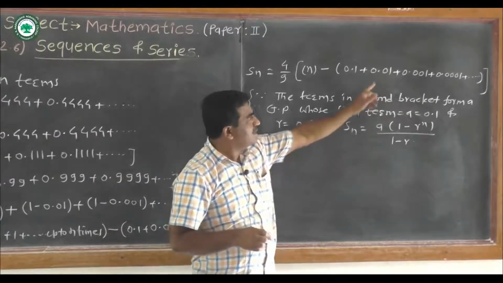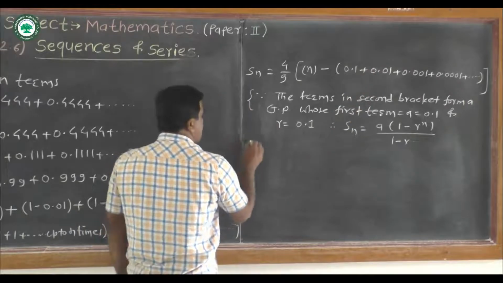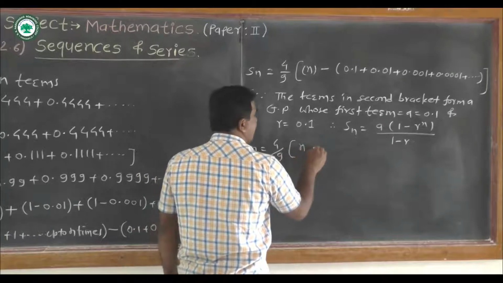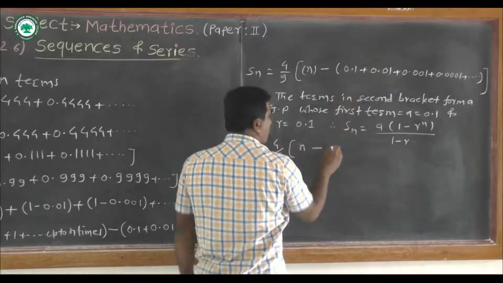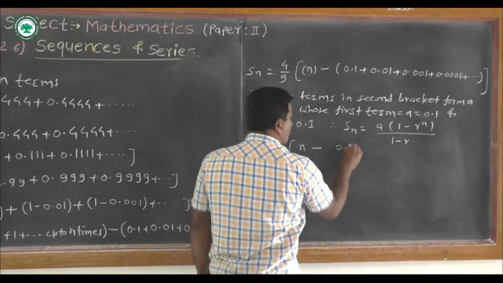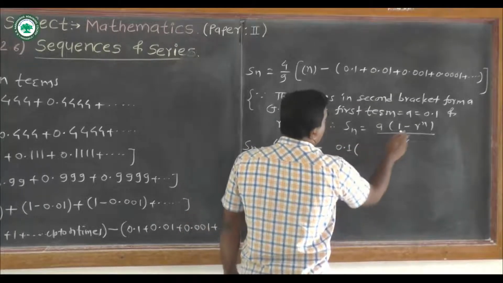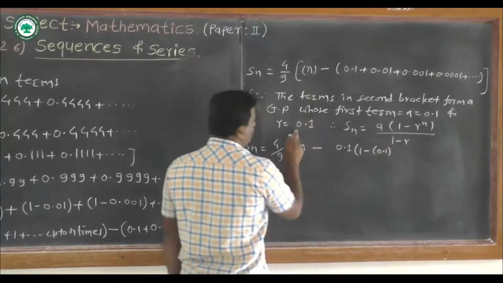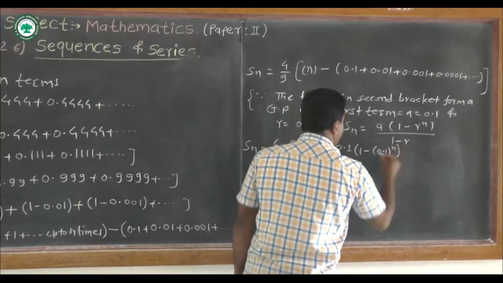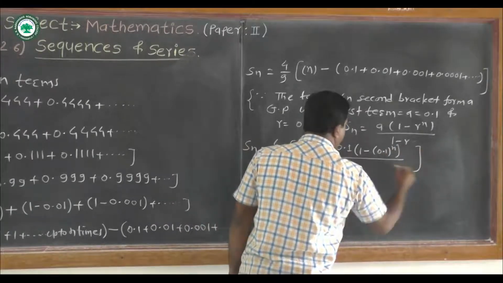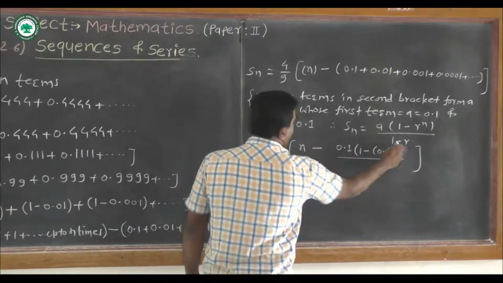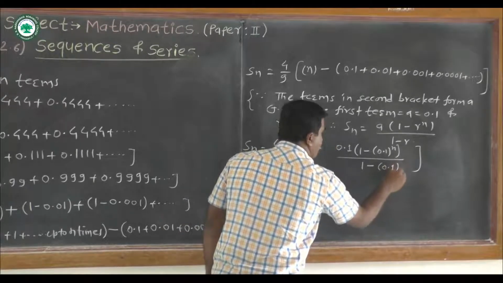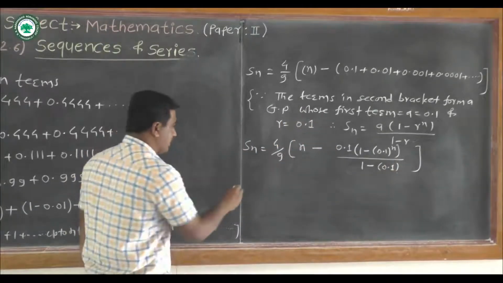Using this formula for this bracket, we can write further Sn is equal to 4 upon 9 into, in square bracket, n minus value of a is 0.1 into, in bracket, 1 minus 0.1, value of r also 0.1, raised to n upon here 1 minus r means 0.1.